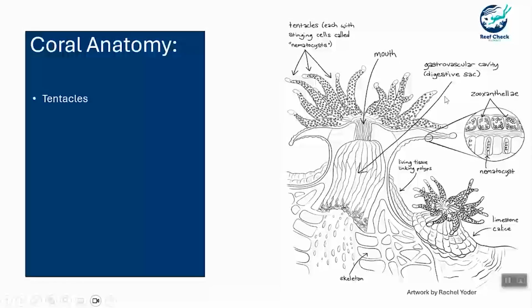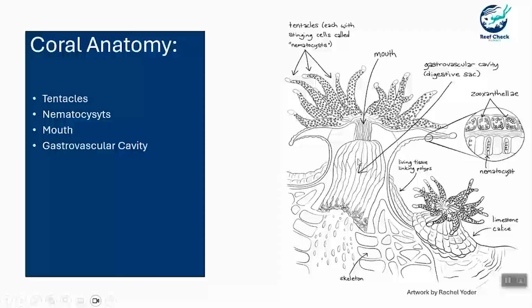Coral feeds on plankton, which is drifting by, and they use these tentacles here, similar to an anemone, to capture their prey by firing off these little nematocysts. Think of a little harpoon that they fire out, sting their prey, and then they pull their prey into their mouth with these tentacles.